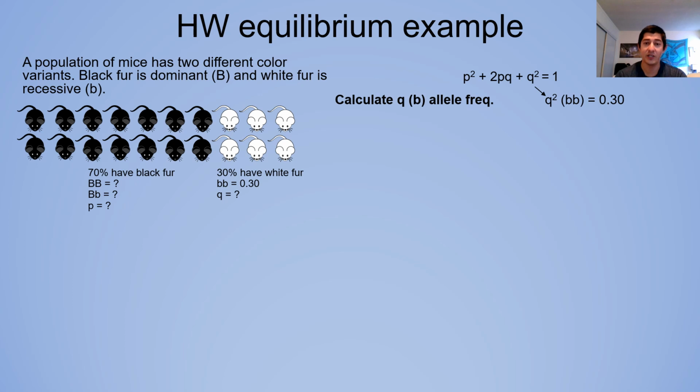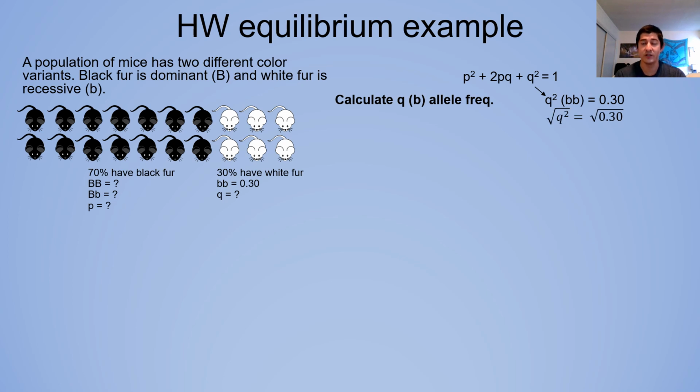We'll start by calculating q, which is the allele frequency of this recessive gene. And to do that, we take this q squared term from the Hardy-Weinberg equation. And that represents our little b genotype. And we know that it's 0.3 because it's 30%.